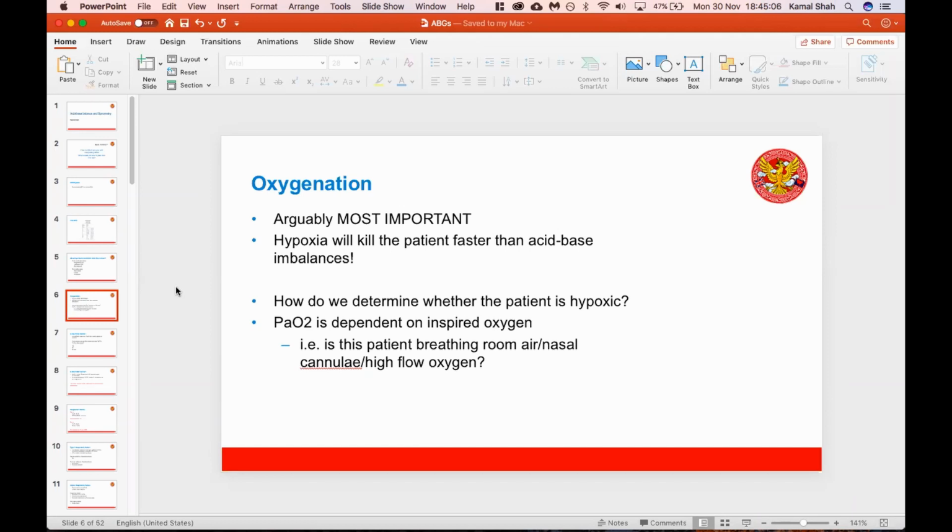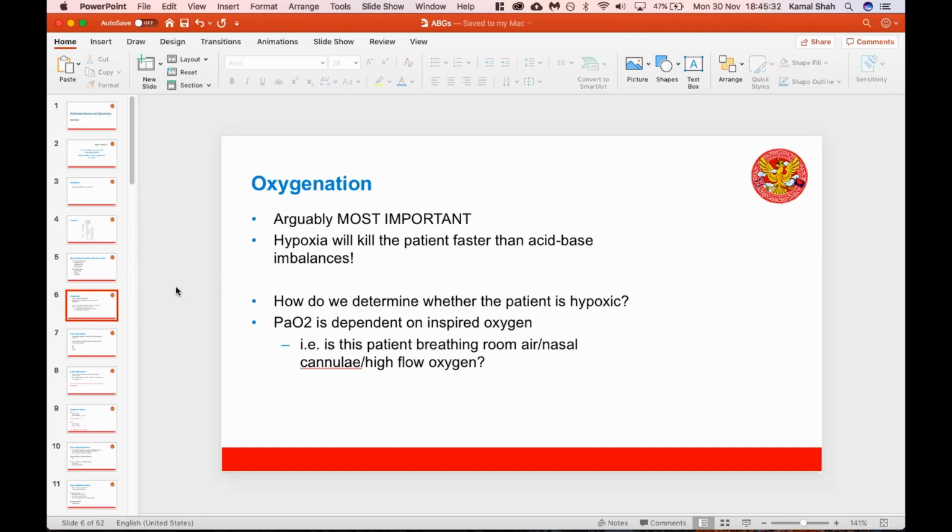And of course, you might be able to get a good indication of the patient's health by using O2 sats. They should be above 95 and close to 100. But we can also determine whether the patient is hypoxic using our ABG. I think the key take-home message here is that the concentration of oxygen is dependent on the inspired oxygen.